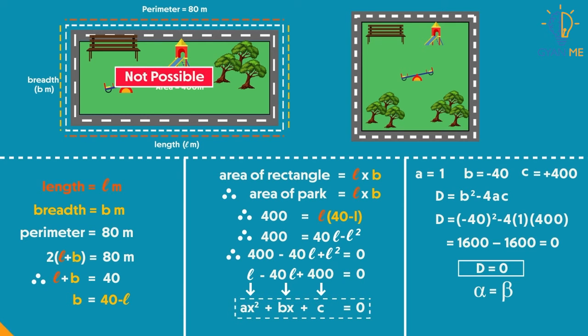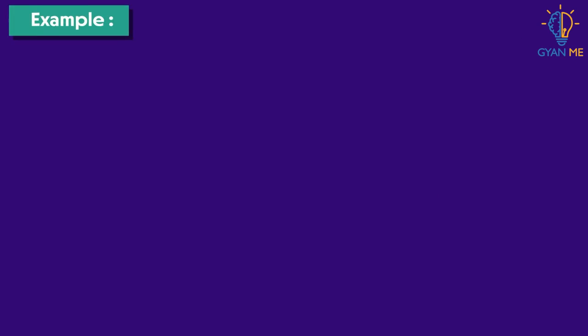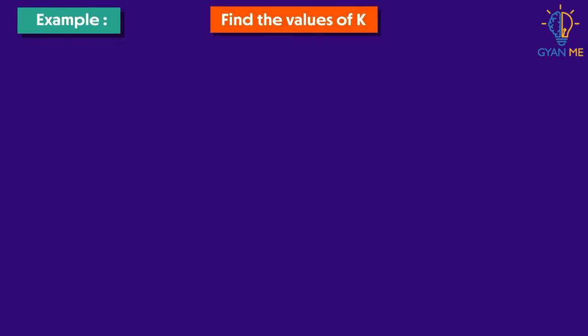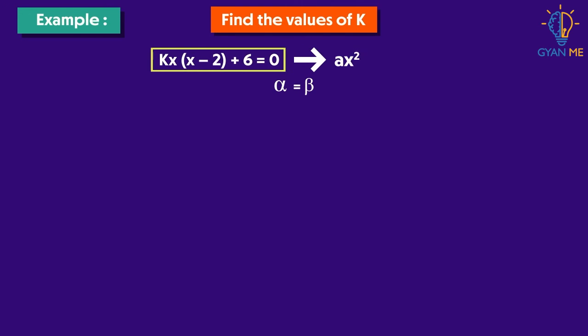Now students, let us take one more variation of the same principle. Students, find the values of k for the equation kx into bracket x minus 2, plus 6 equal to 0, so that it has two equal roots. Observe that the equation is not in its standard form ax square plus bx plus c equal to 0.